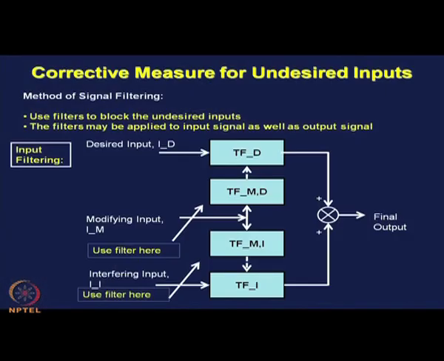So, next let us talk about what we can do to make our instrument respond to only the desired input. So, we want to filter out the spurious effect of modifying input as well as interfering input. Now, the method of signal filtering uses filters to block the undesired inputs.